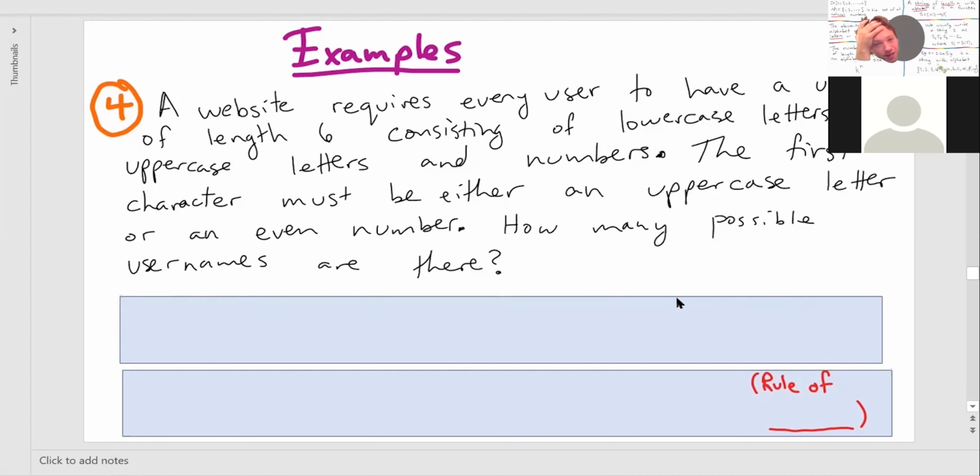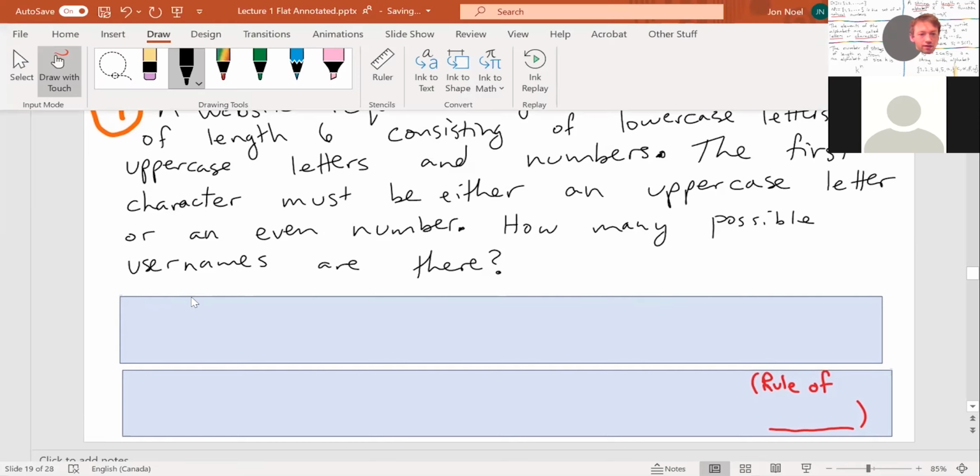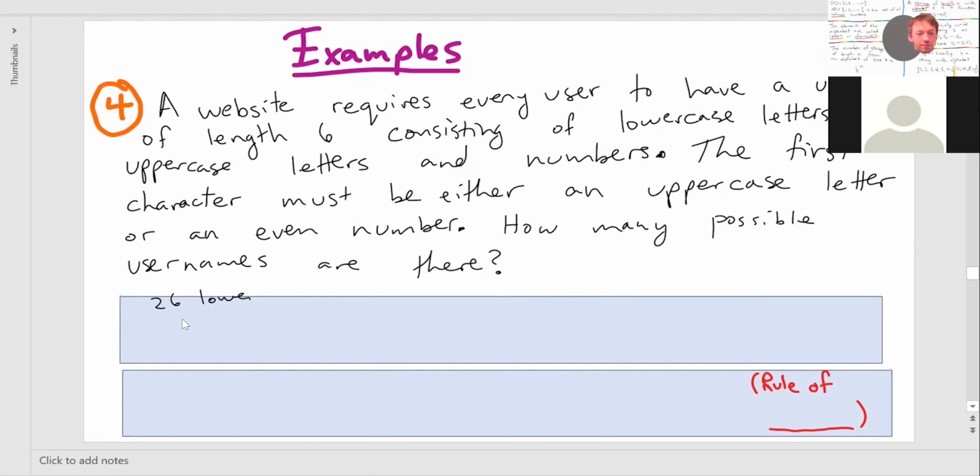Website passwords. So suppose you have a website that requires every user to have a password of length 6, where you're allowed to use lowercase letters, uppercase letters, and numbers. So remember, there's 26 lowercase, 26 uppercase, 10 numbers.